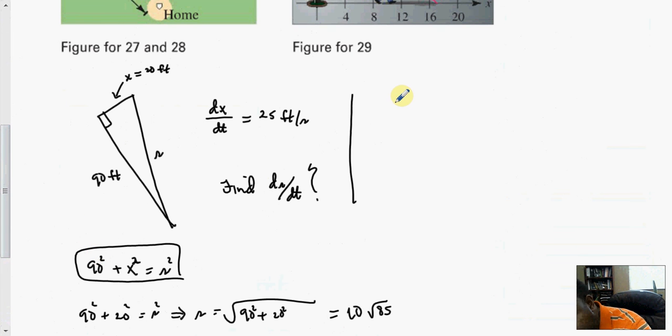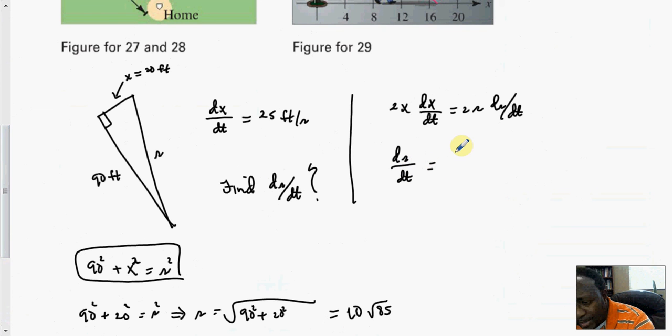So here we get 2x times dx over dt is equal to 2s times ds over dt. So the ds over dt is what you want, and that's equal to x divided by s times dx over dt.